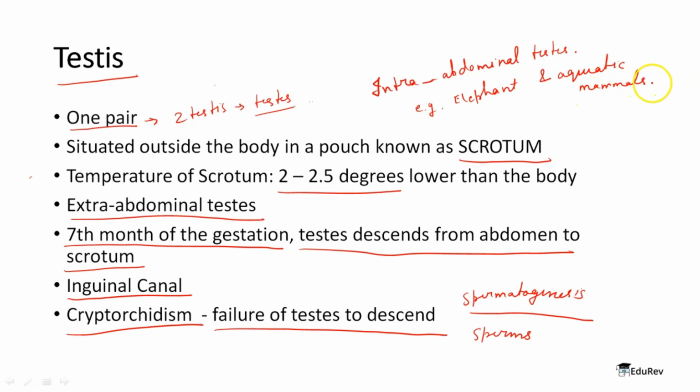Now I'm going to tell you a very interesting fact which one should know, that in some animals testes can be intra as well as extra abdominal according to the breeding seasons. Whenever the breeding season comes, testes move outside the body of that animal, and when the season is gone, testes can move back into the abdomen, and this case is seen in bats only.